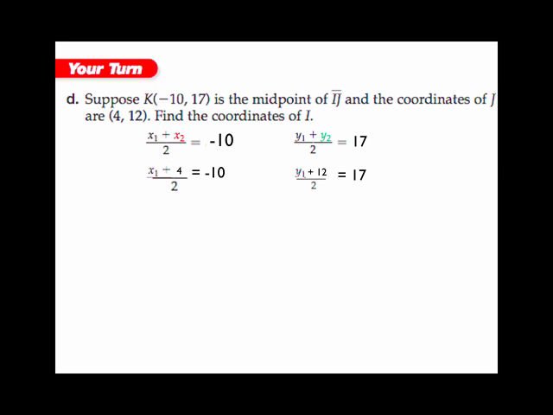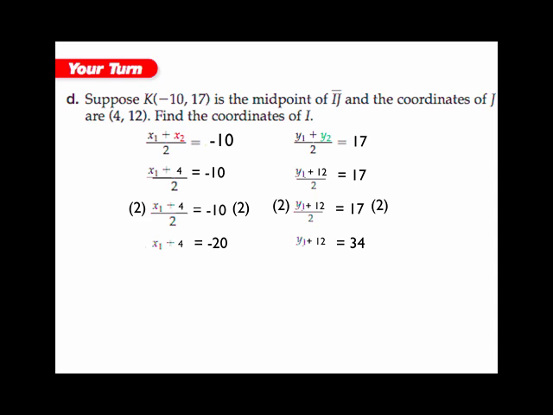So I'm going to set my two equations up, and I'm going to simplify. Multiply by 2 on both sides of each expression. That will leave me with x1 plus 4 equals -20, and y1 plus 12 equals 34.